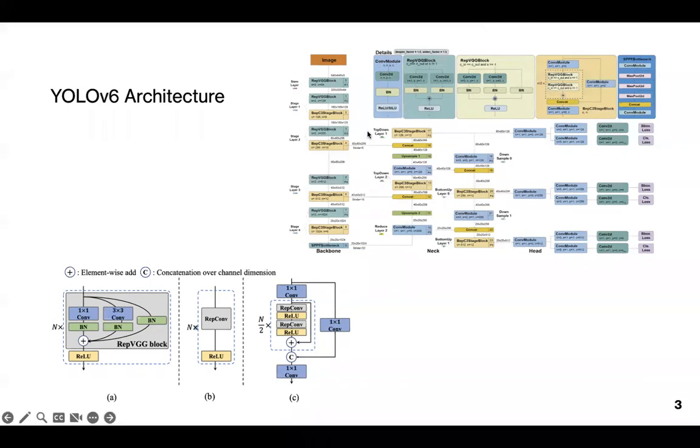We can see the backbone here, which consists of the RepVGG block here, and those are stacked together.